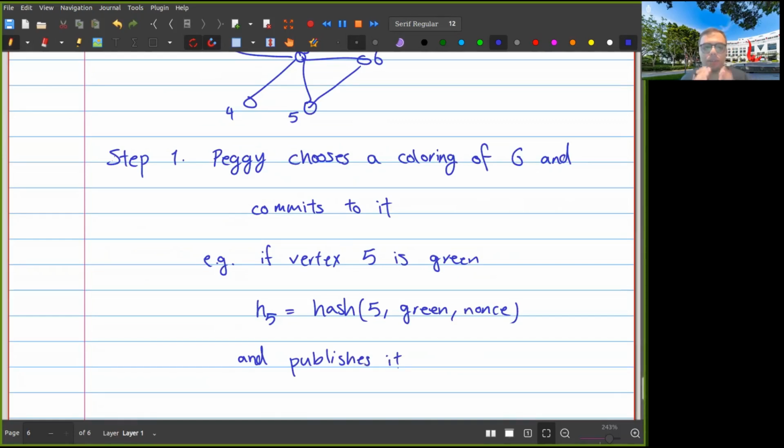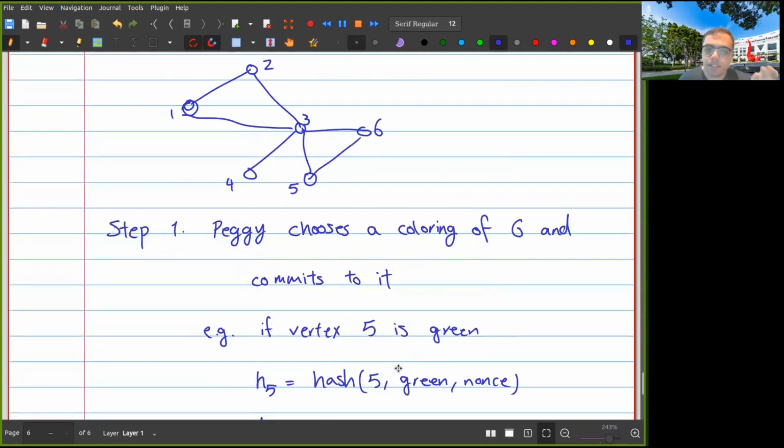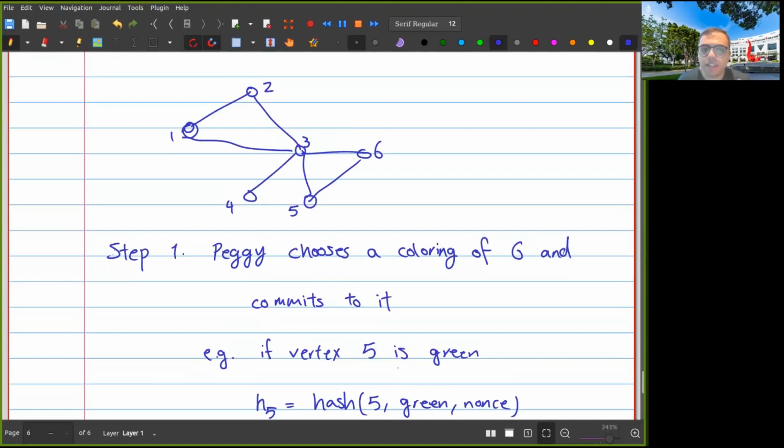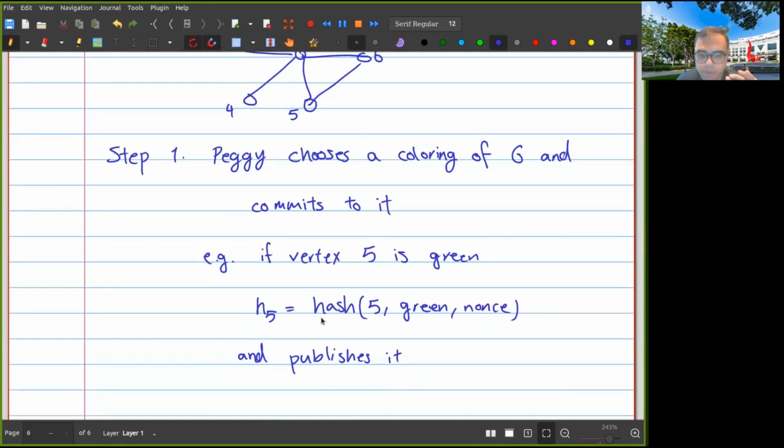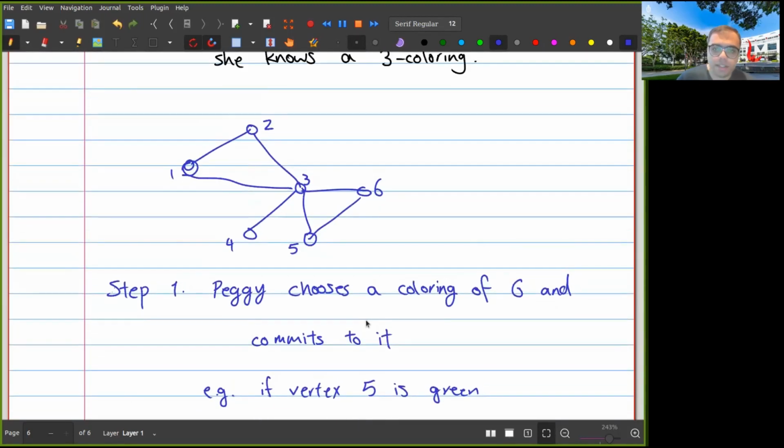Okay, so the role of this commitment is that she is committing to a coloring of the graph. No one else can see the coloring, but she cannot change the colors that she has assigned to each one of the vertices because she has published the hash of those colors and vertices. Okay, so let's say, for example, this one was red, this one is green, this one is blue, and the other vertices are also colored.